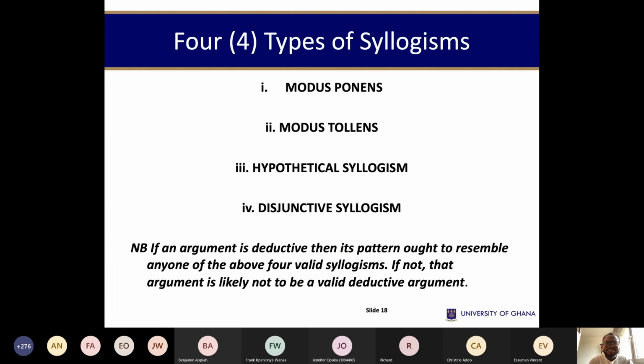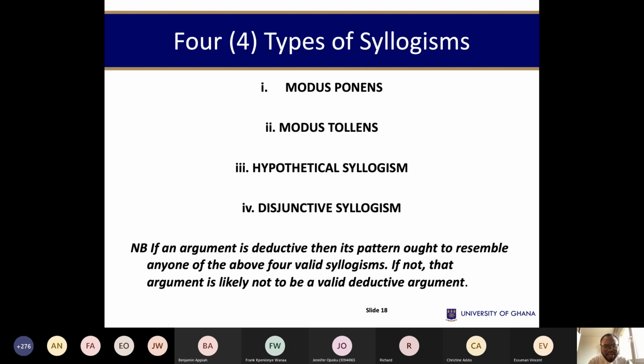So we will be looking at the 4 types of syllogisms. What it means is that any of these syllogisms, they must be valid. The first one is what we call modus ponens. The second one, modus tollens.